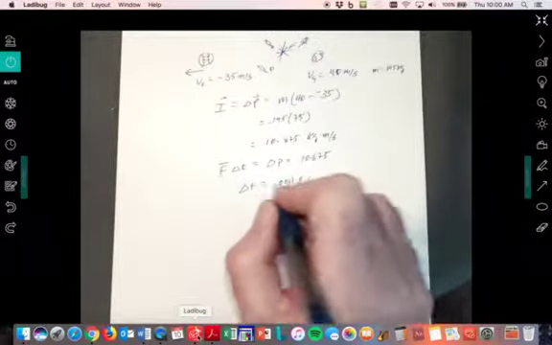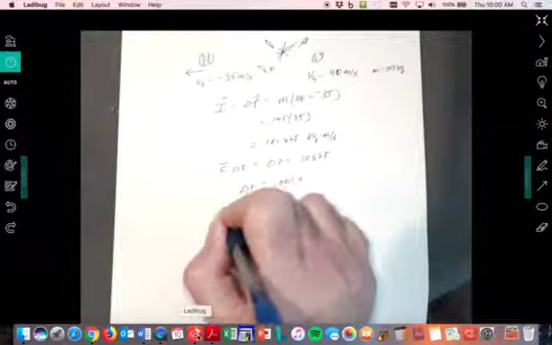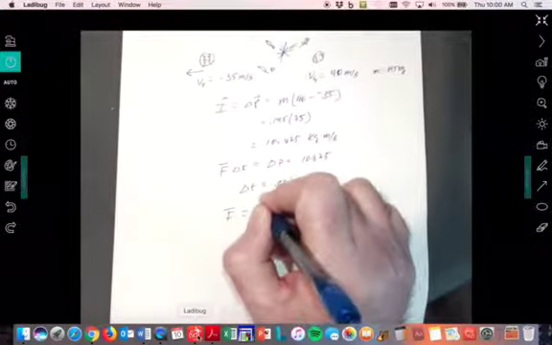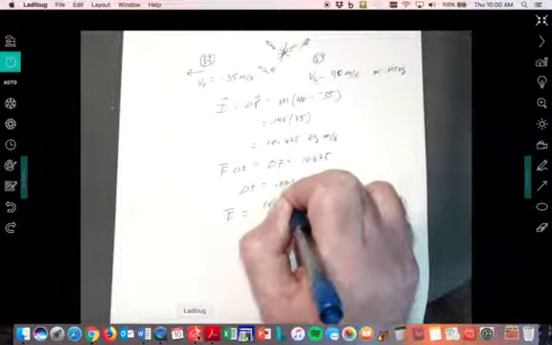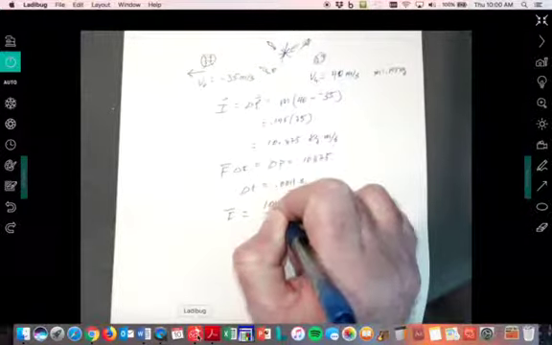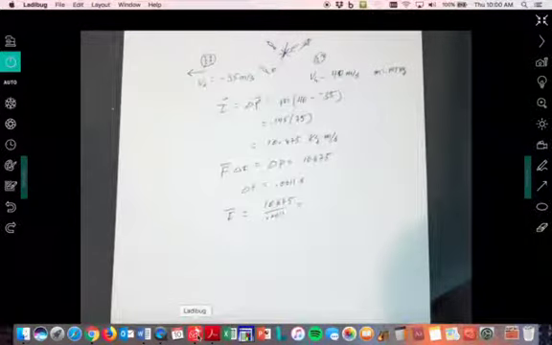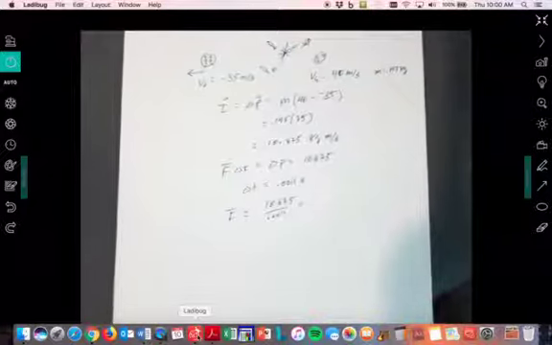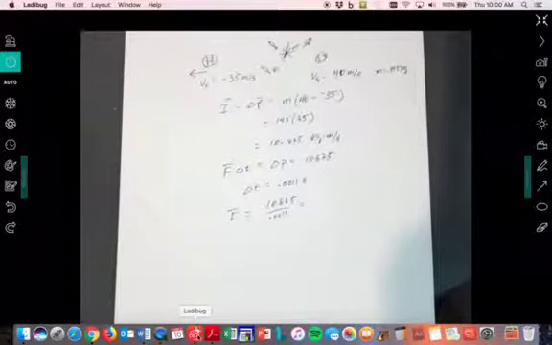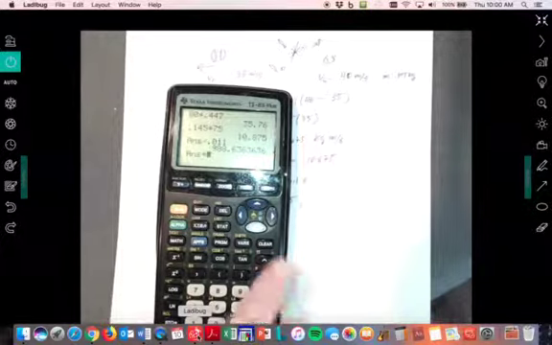All right, so delta T. If I want to find the average force, then I get this: 10.875 divided by 0.0011 is equal to... now all I got to do is find my calculator.